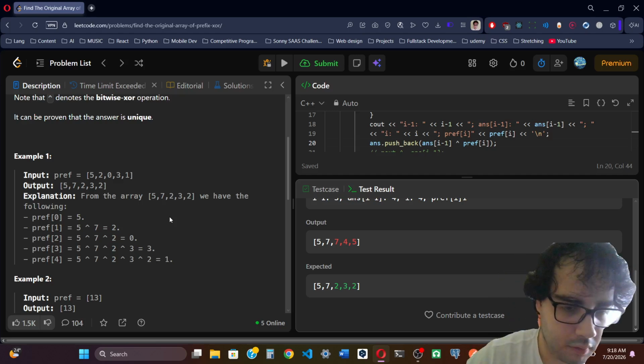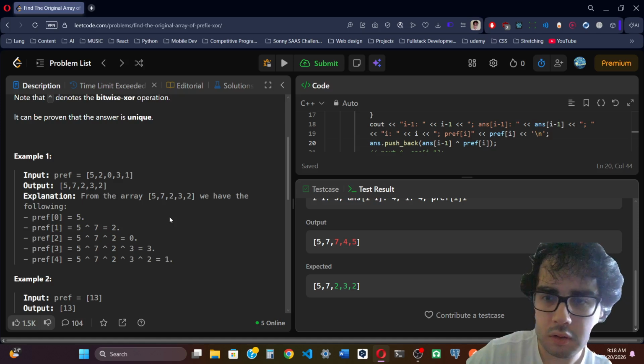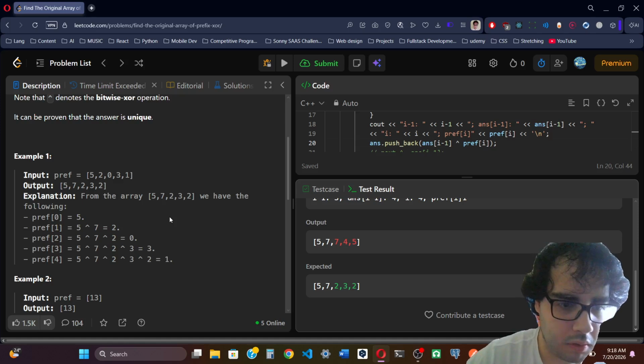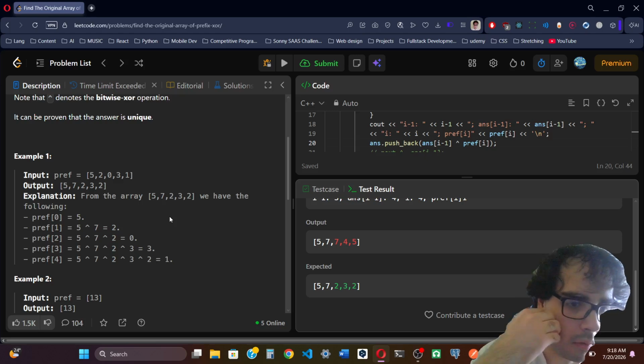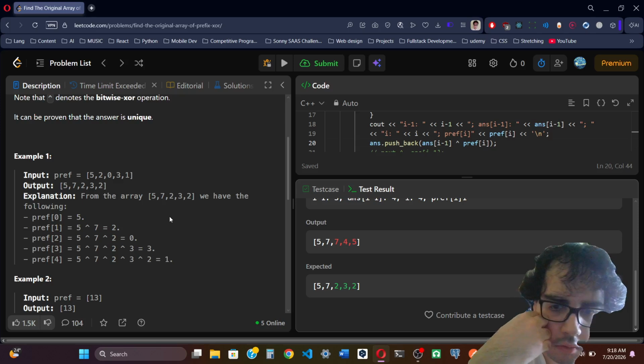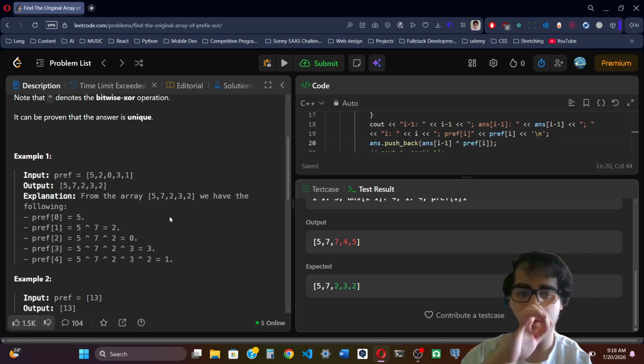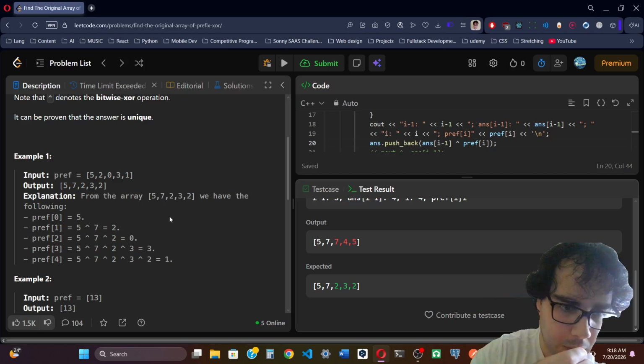We don't want this. The second one, even the second one is not working.